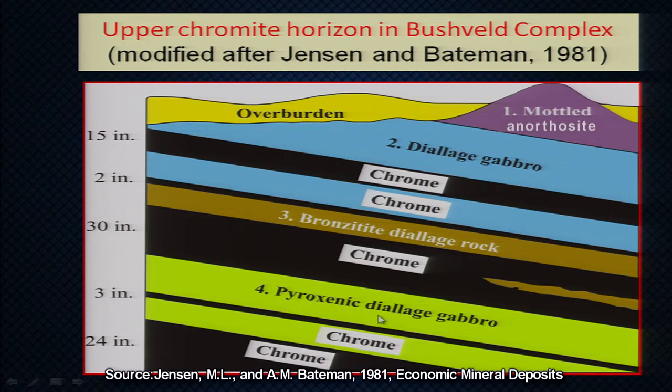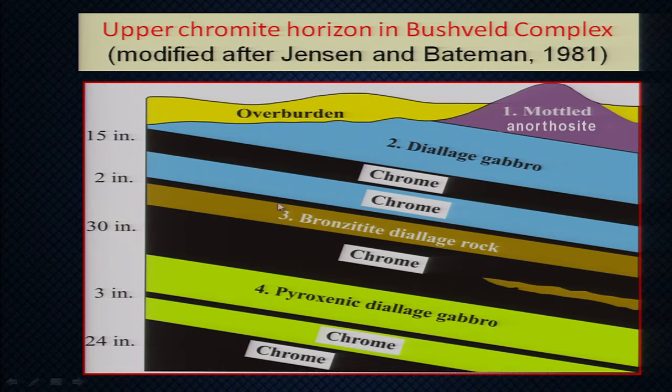It is a rock, not an ore deposit, and this chromite layer is associated with this igneous rock. Then it is followed by again a chromite deposit. It is followed by a bronzite diallage, again an igneous rock. It is followed by a chrome layer, then diallage gabbro and mottled anorthosite, and this is an ore burden.